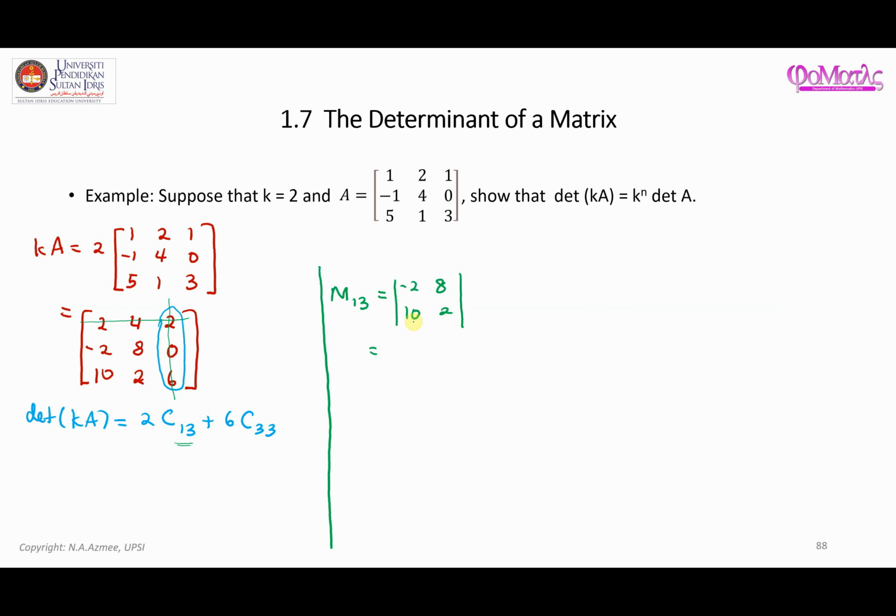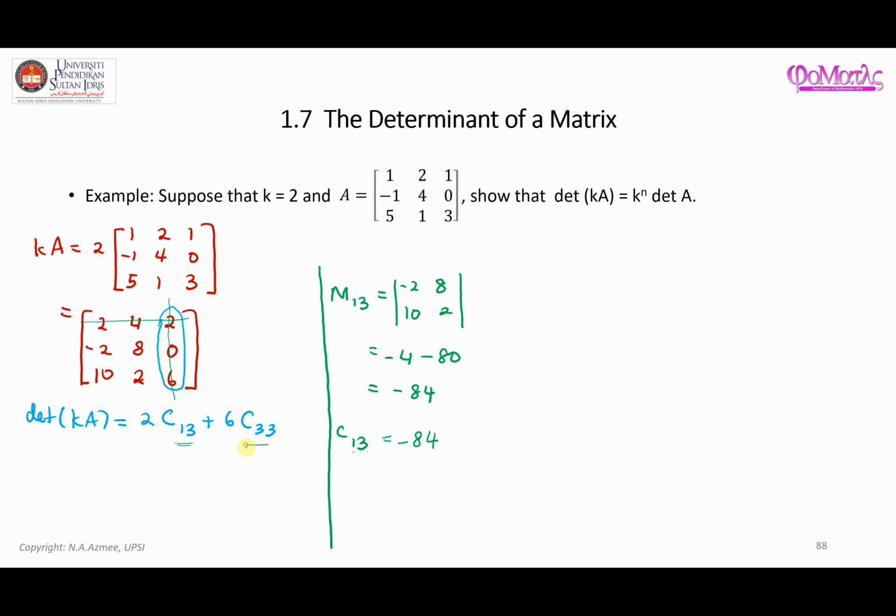And so the determinant of that can be found by, this is -4 minus 80, and this is just -84. So what is C13? Well, 1 plus 3 is 4. That is an even number. Therefore, we will have a positive sign. So positive -84 is going to be -84. Okay. So we're done with C13, and the result of that can be inserted right here.